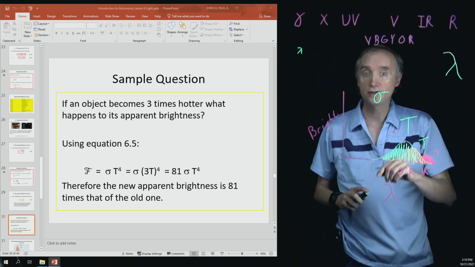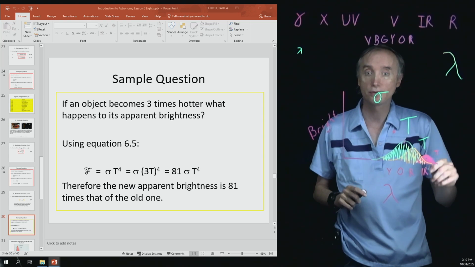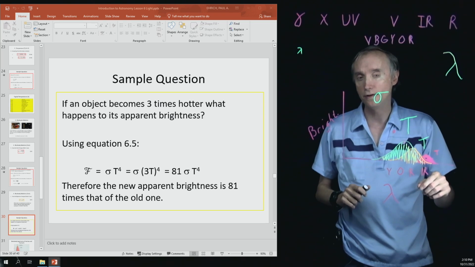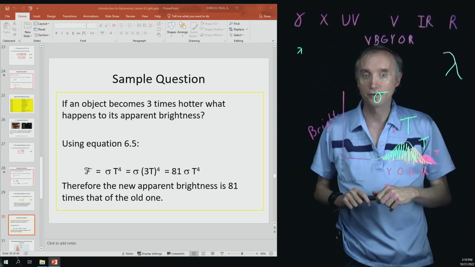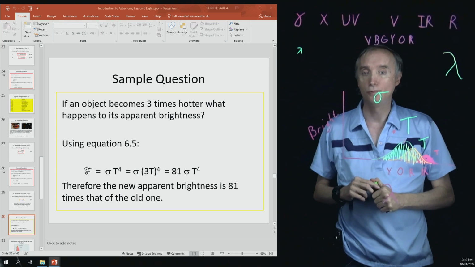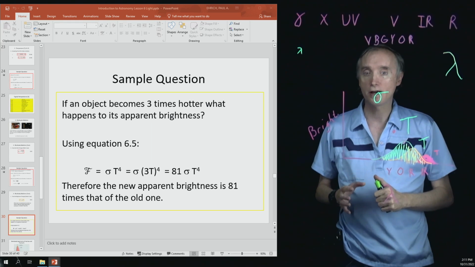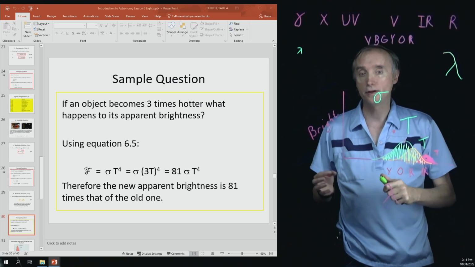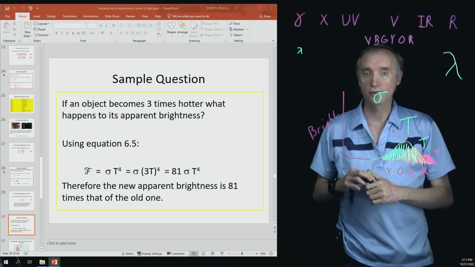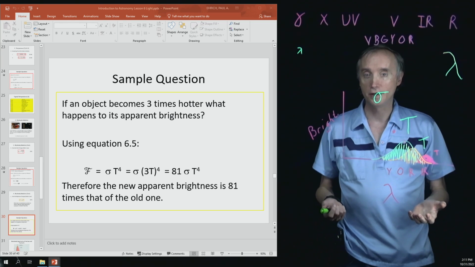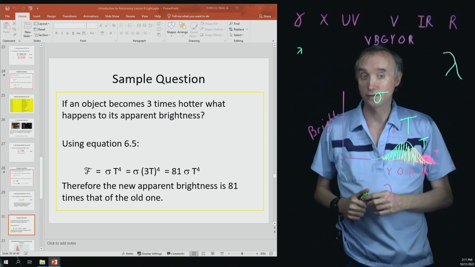It's going to be 3 times 3 times 3 times 3. Did I do that enough? So it's 4 3s multiplied together, and that turns out to be 81. So the new apparent brightness is going to be 81 times brighter than the old one. Not what you expected. You might have thought that if I double the temperature, it's going to double the brightness, but it doesn't. It raises it quite a bit.